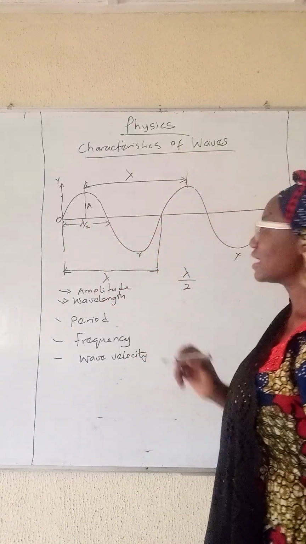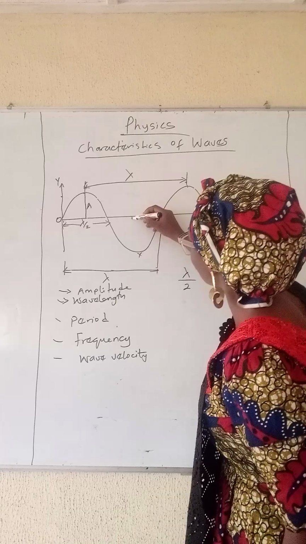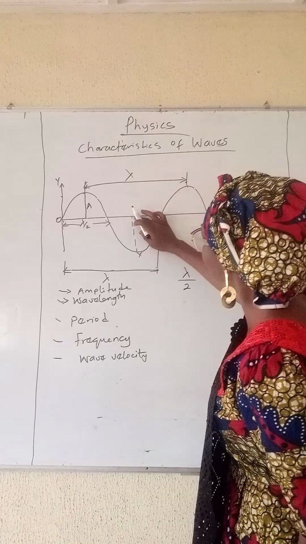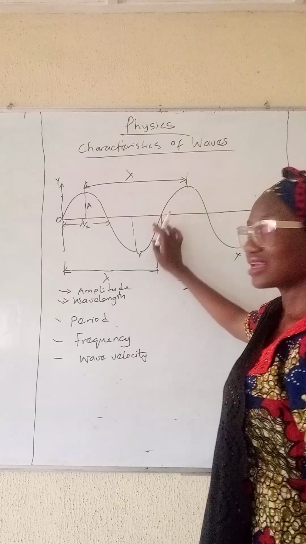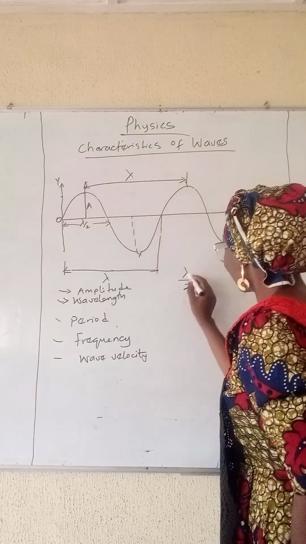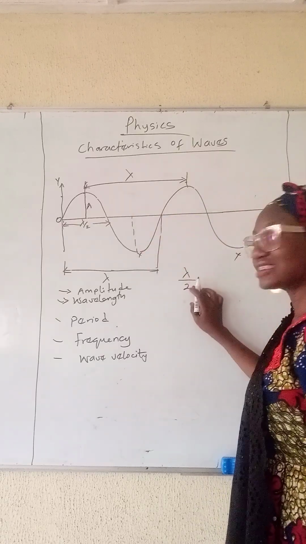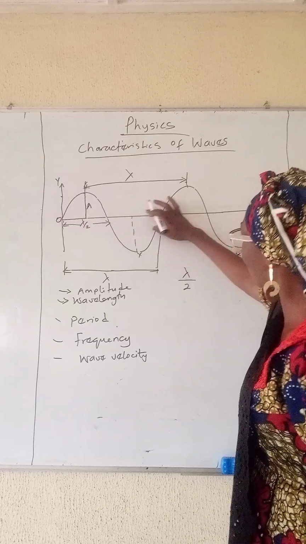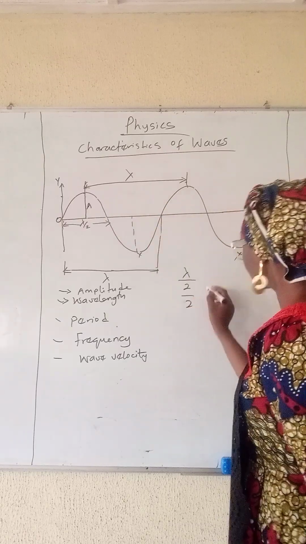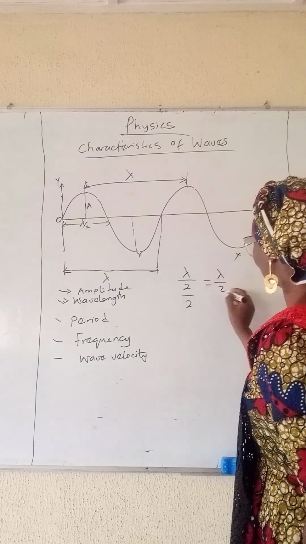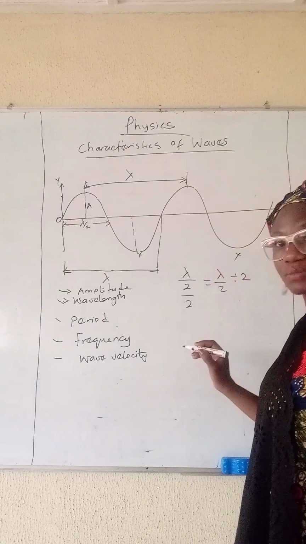So from here to here is equal to lambda over 2. Now what if I want to halve this one again? That means half of half. This is lambda, this is lambda over 2, and I want to halve it again. It's going to be lambda over 2 divided by 2. Can you see what I'm doing?